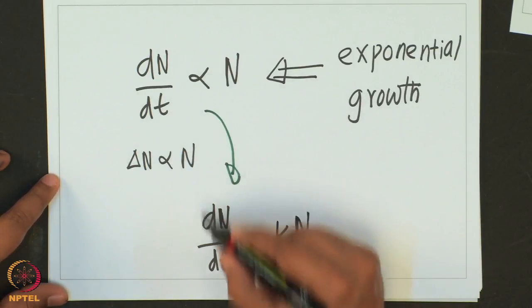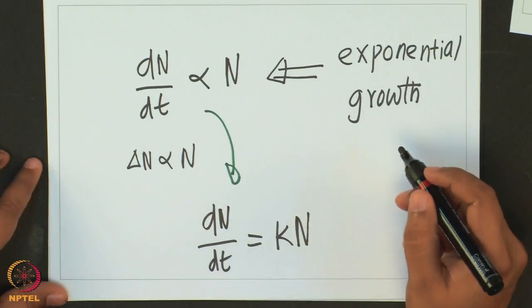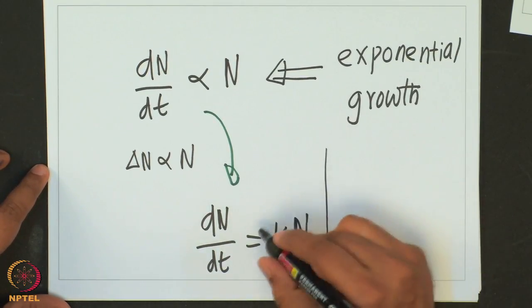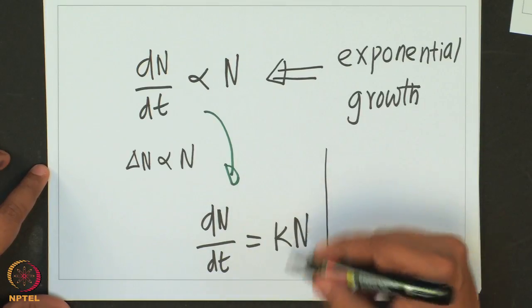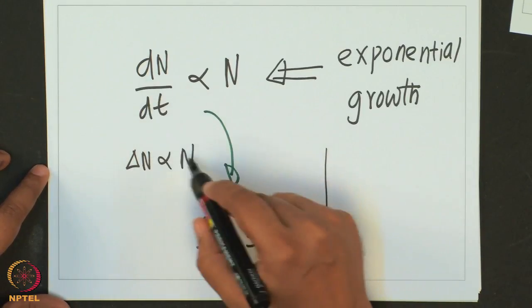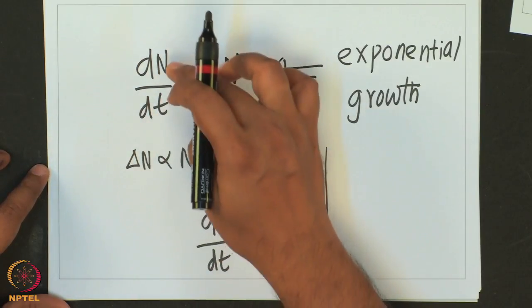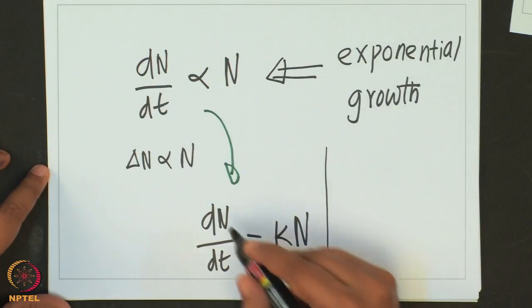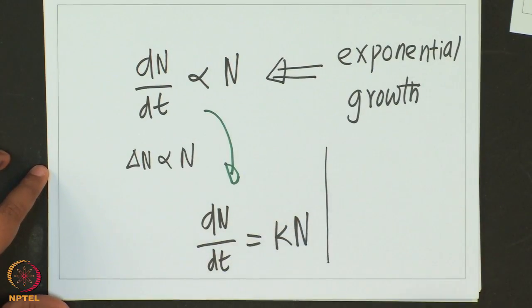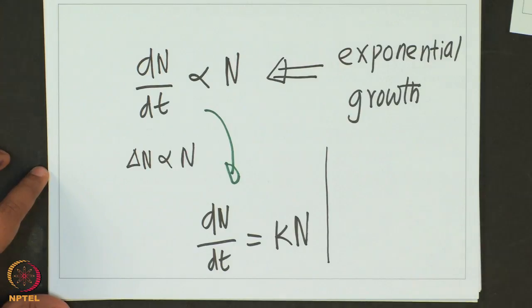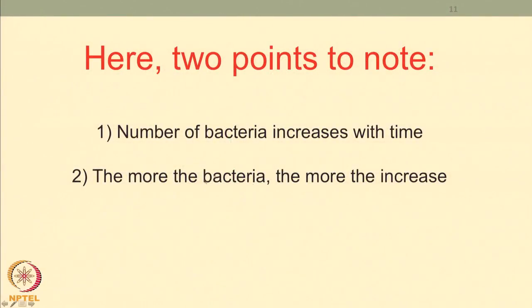This is an equation directly coming from this simple observation that the more number you have, the more would be the change, and since delta n is proportional to n, within a given time of delta t, dn by dt or delta n by delta t is proportional to n, therefore dn by dt would be k times n. These are the 2 points we should note: the number of bacteria increases with time, and the more the bacteria, the more would be the increase.